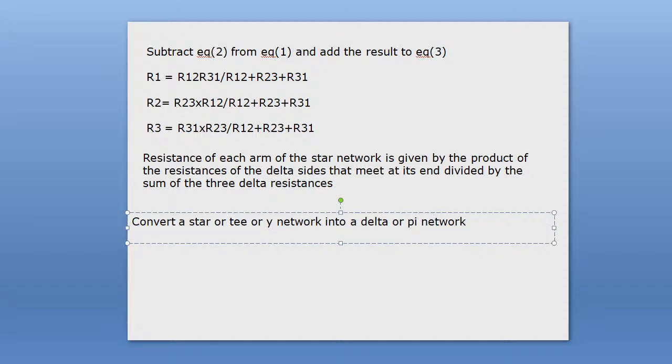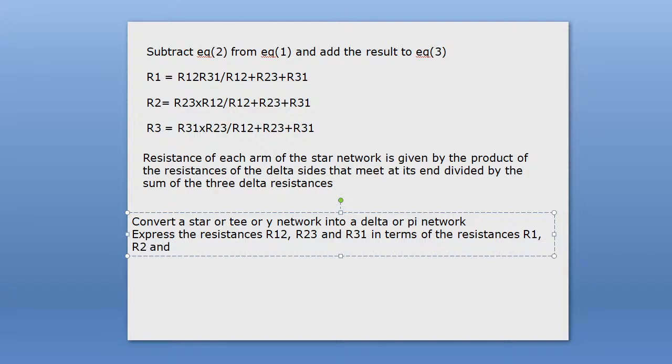Okay, in this case your objective is to express the resistance R12, R23 and R31, okay, in terms of the resistance R1, R2 and R3. Okay, the resistance associated with star network.